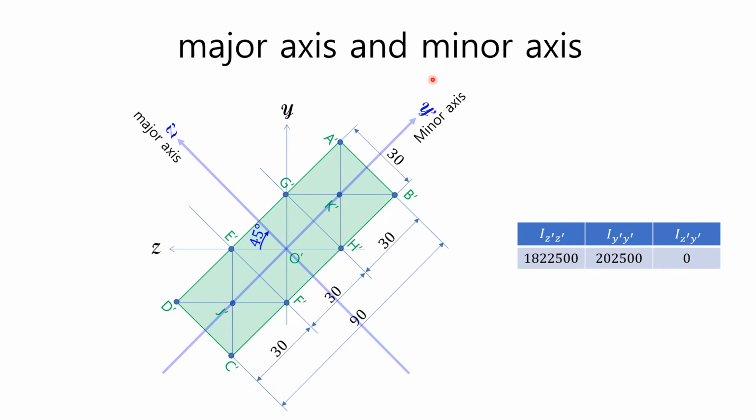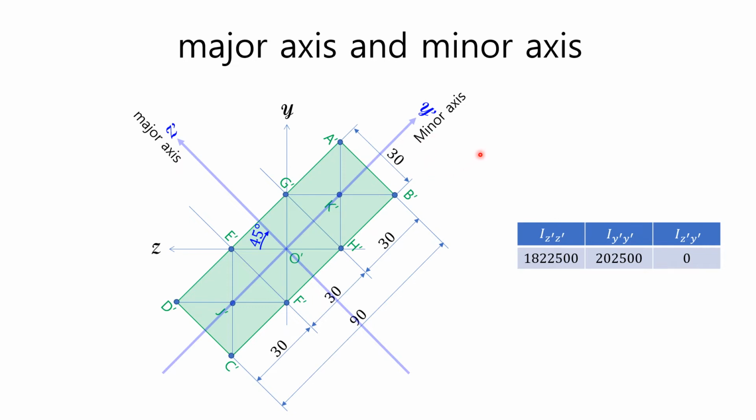In the principal axis, the major principal axis has a larger value. The minor principal axis has a smaller value. In this example, the z-axis is the major principal axis, and the y-axis is the minor principal axis.